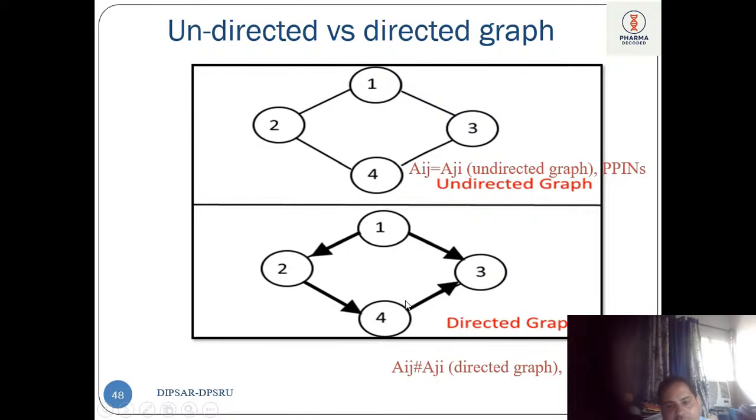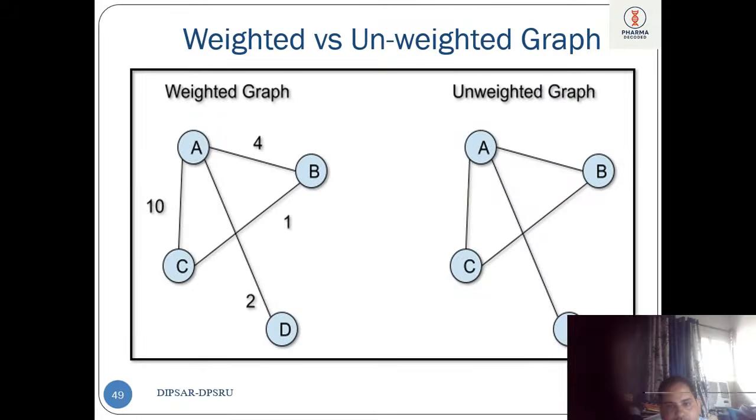So in a directed graph, a_ij, where i is one node and j is another node, are they equal? No. You can go from 1 to 3, but can you go back from 3 to 1? No, you can't go back, right? So where direction is given, we call it a directed graph. In biology and pharmacology, we call it gene regulation networks.